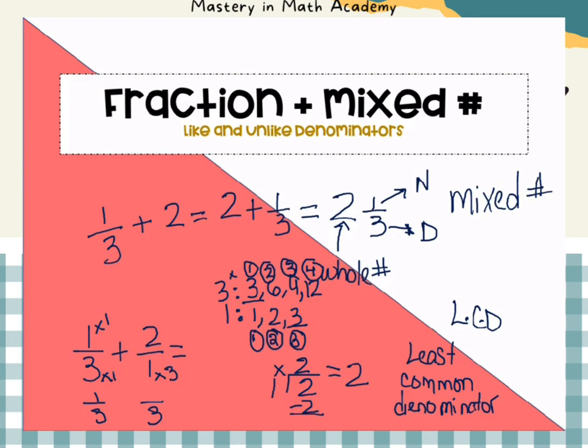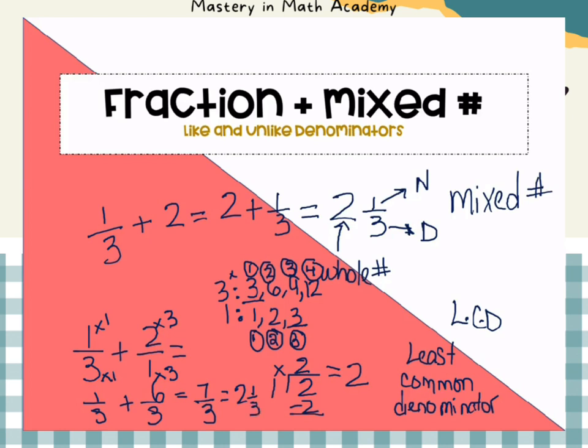We added it 3 times. So we do 1 times 3, and then 2 times 3, which is 6. Remember, your sign is addition. And 6 plus 1 is 7, so 7/3 is the same thing as 2 and 1/3.